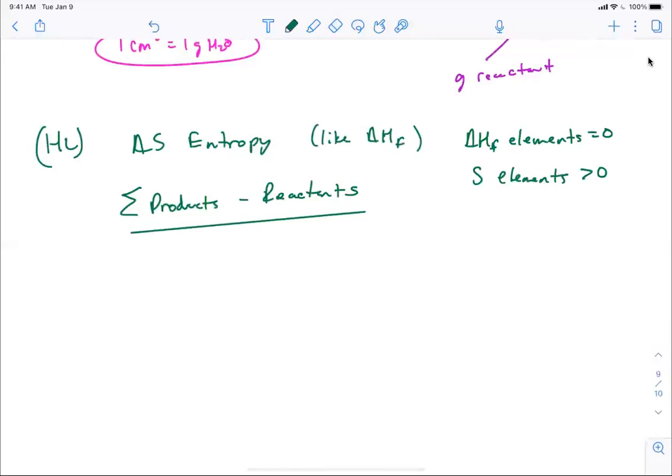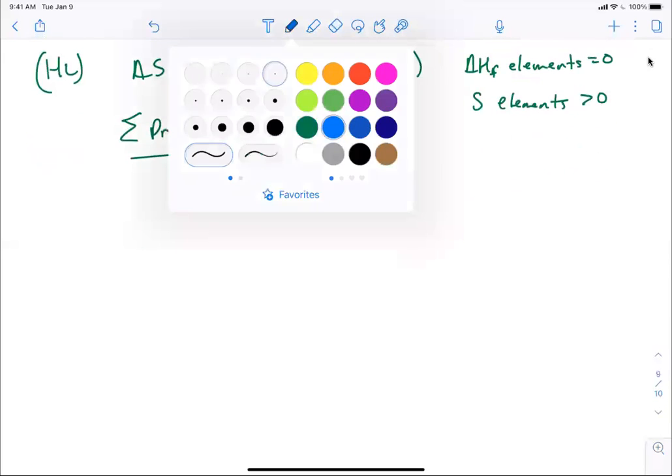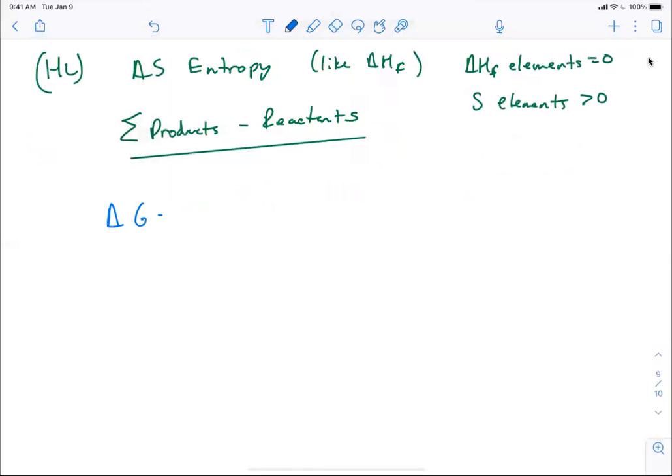The main idea and the use of entropy is to apply it to this equation here. This is your Gibbs free energy equation. And the main idea here for calculation wise is units.